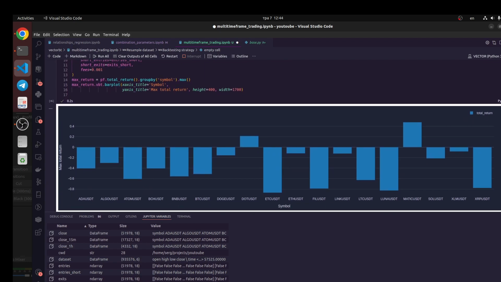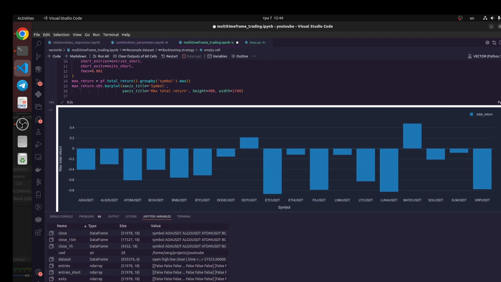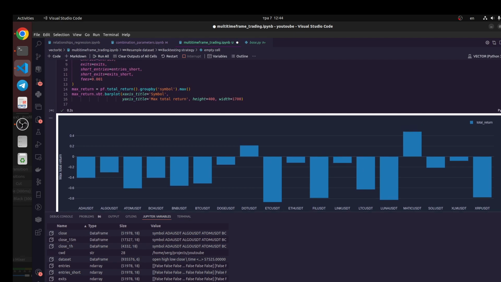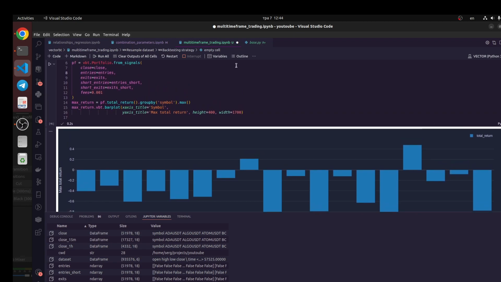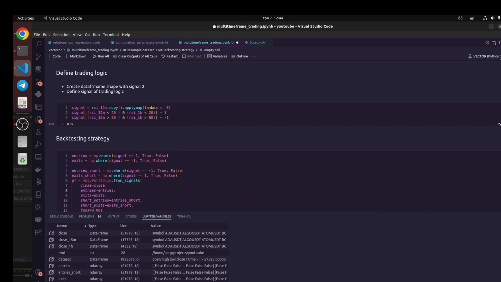Okay, but by default, we created some profitable strategy for MATIC USDT, and this coin is decreasing, and it is going to decrease by default, but our strategy finds some profitable ideas for this one.